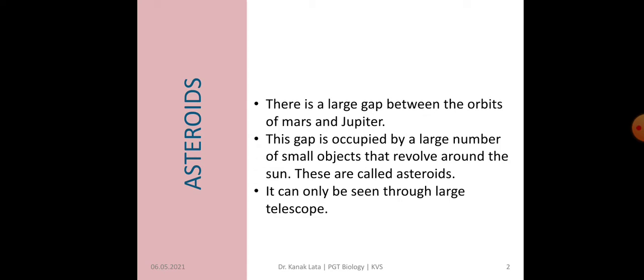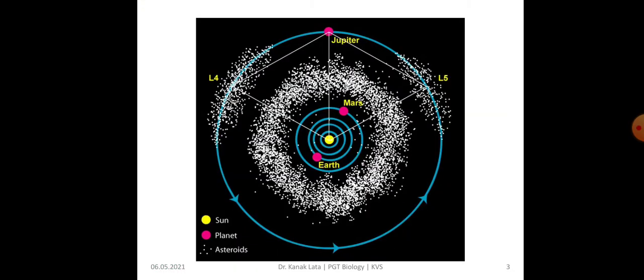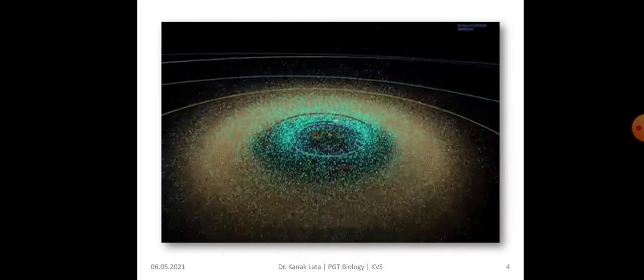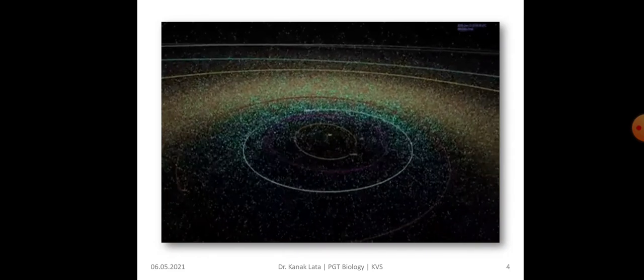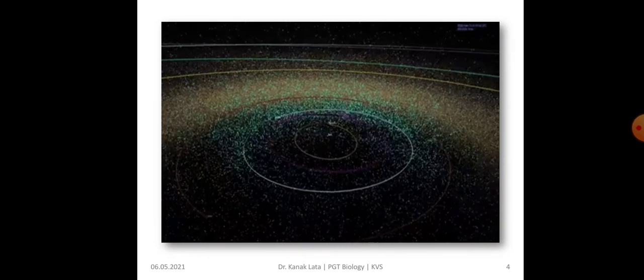Asteroids can only be seen with the help of a large telescope. In the given figure, you may observe asteroids between Mars and Jupiter. In this figure, you can observe the movement of asteroids.